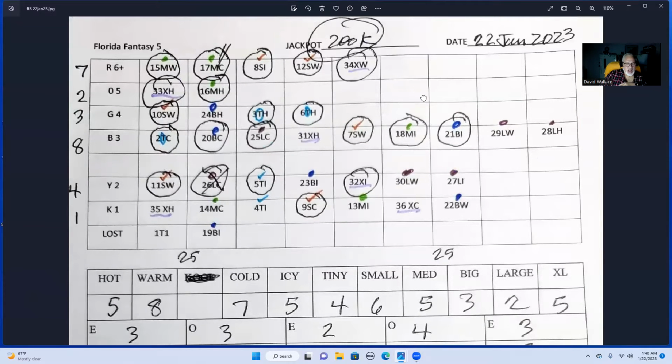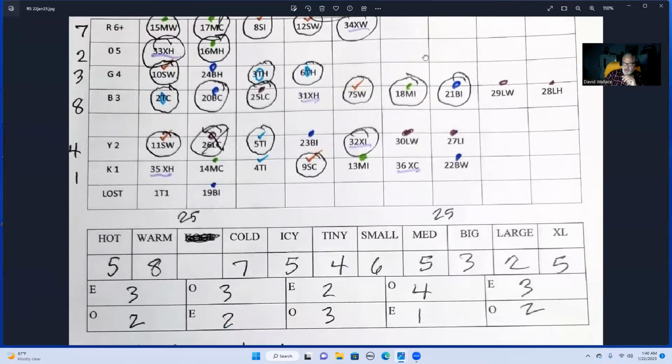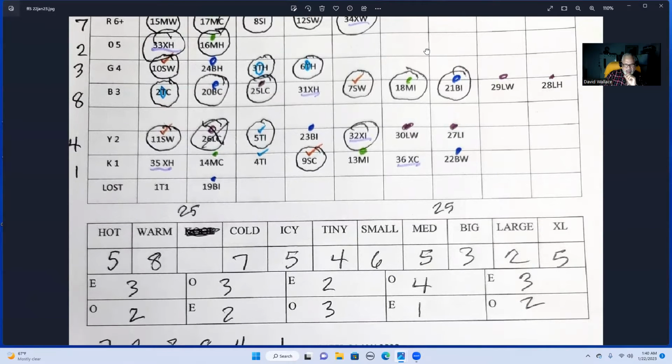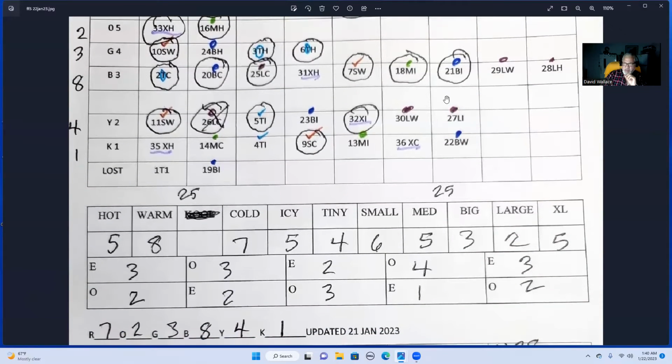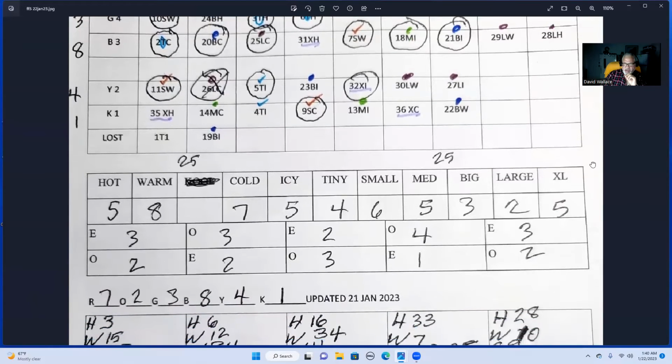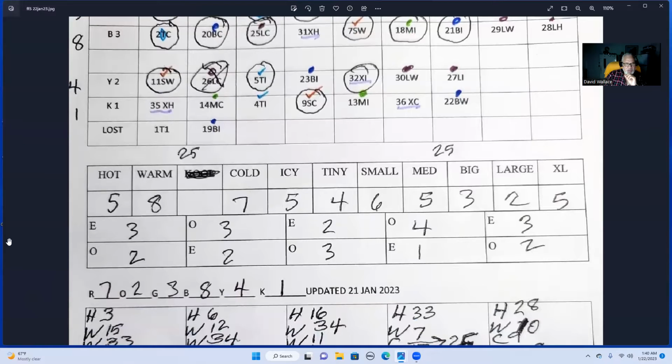Now, when I take a look at the history of the draw, the last 5 draws, you're going to have 25 numbers, okay? I want to see how many hot numbers, and this is the frequency, and then the size of the numbers.